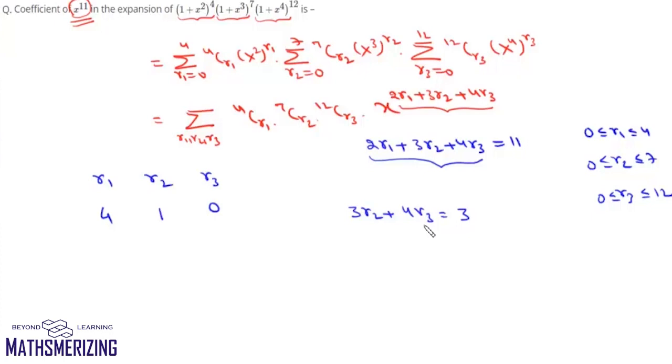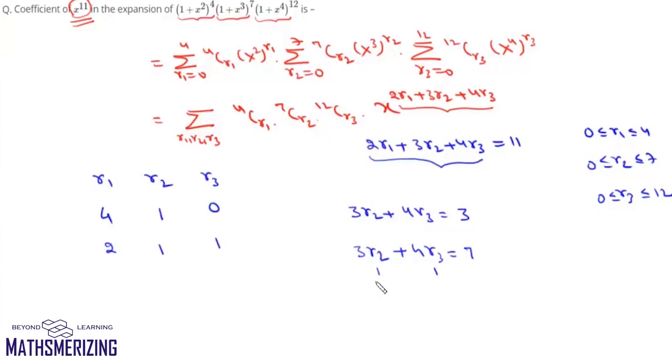So next thing I'll consider is when the value of r1 is 2. When the value of r1 is 2, I'll write 3r2 plus 4r3 and it should be 7. So one possibility is when both of them have the value 1. So it will be when r2 is 1 and when r3 is 1.